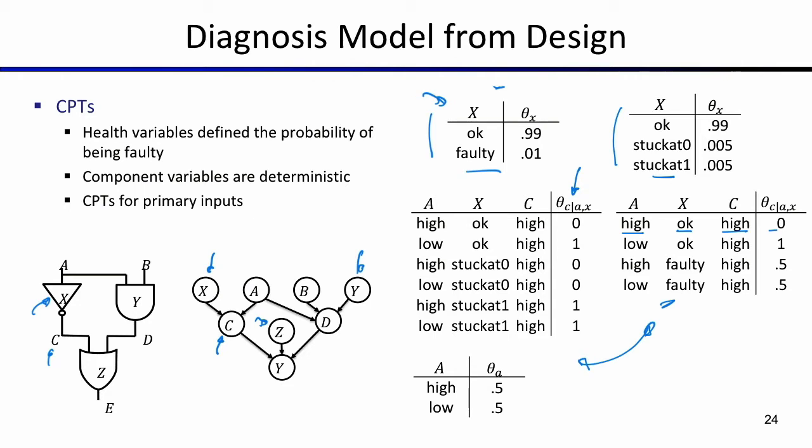But the other case is A equal low, the gate is working fine, and C equal high. That is the expected case, so we have 1 probability.